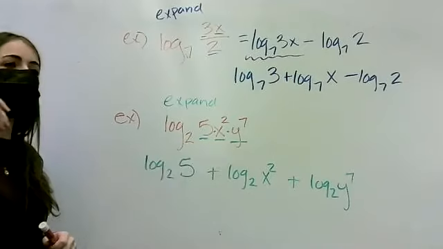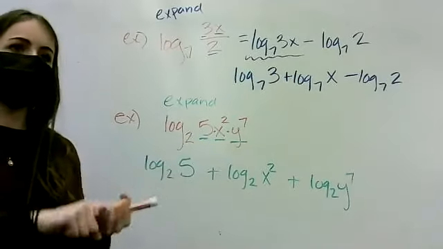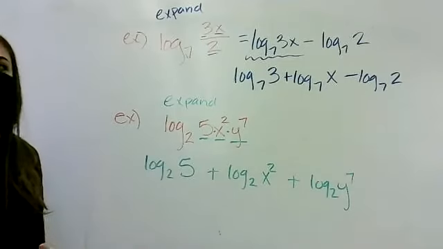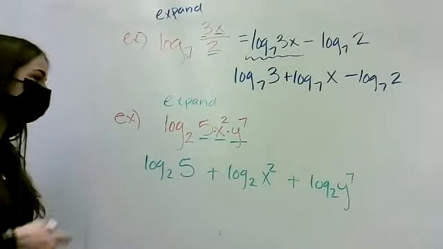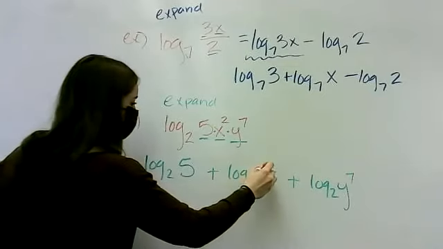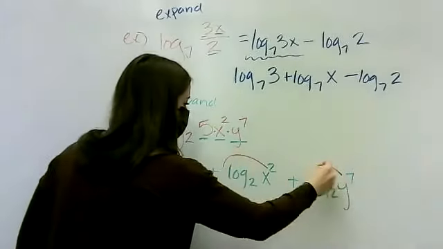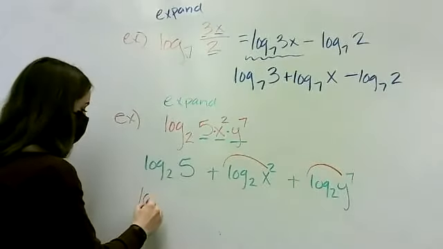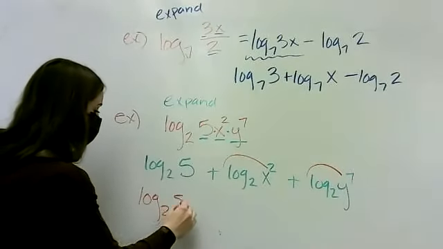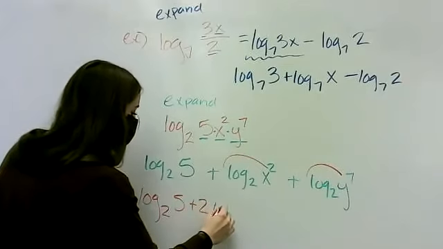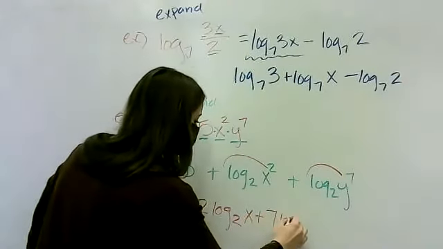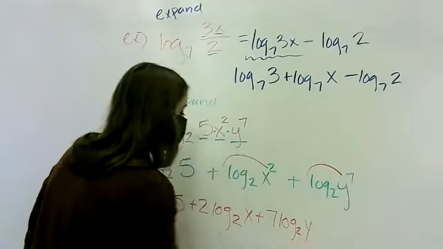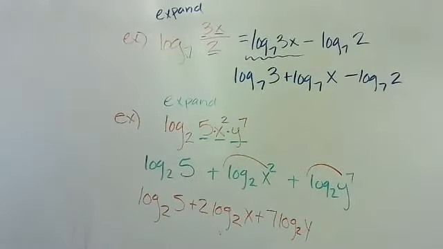So you deal with them in that order: division, multiplication, then exponents. When we're expanding, exponents should be the last thing you touch. Now I'm going to throw squared out in front and 7th out in front. Log base 2 of 5 plus 2 log base 2 of x plus 7 log base 2 of y.